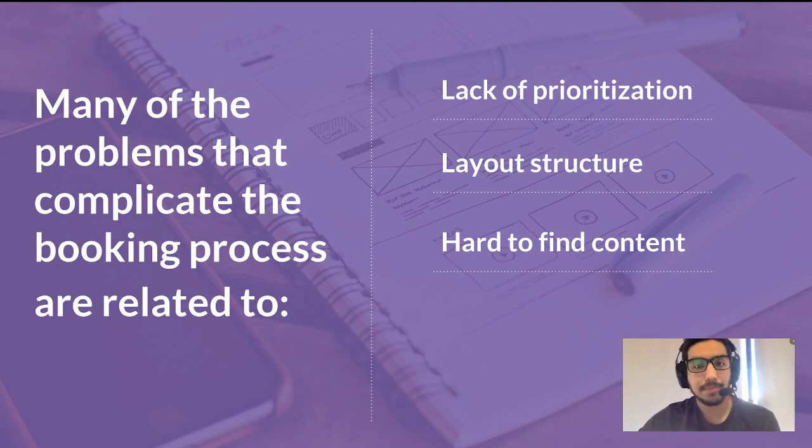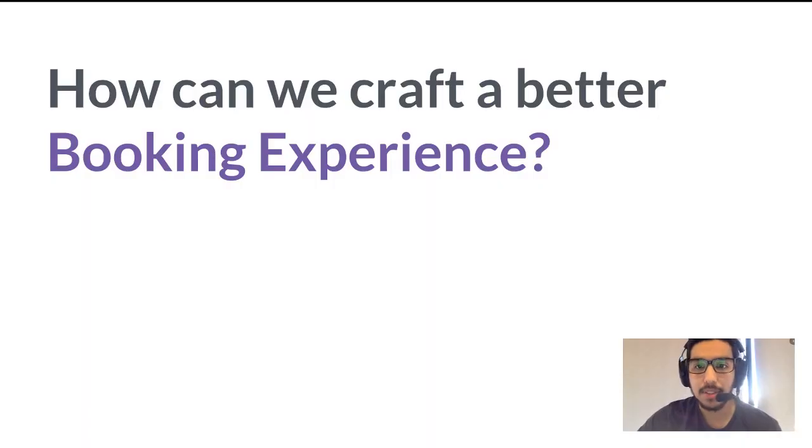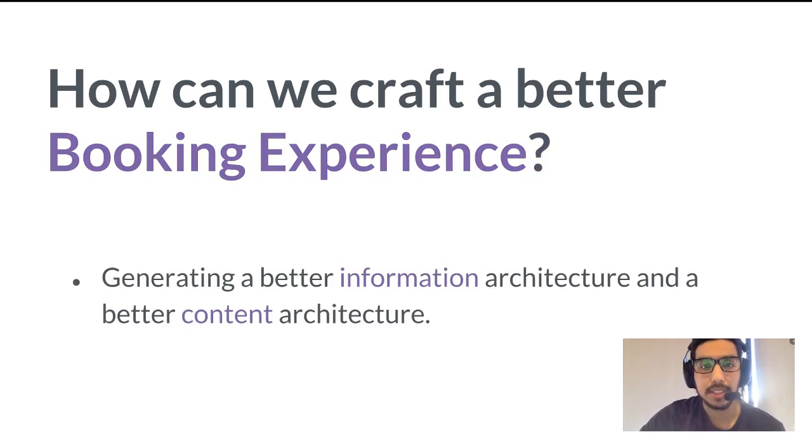And well, based on the problems that we have been talking about, lack of prioritization, layout structure, hard to find content, a way to fix or correct that is implementing a better content architecture and a better information architecture, because it will help us understand how users organize information or how the mental models of our users work. So we can have a better idea on how to arrange the elements according to them and their needs.